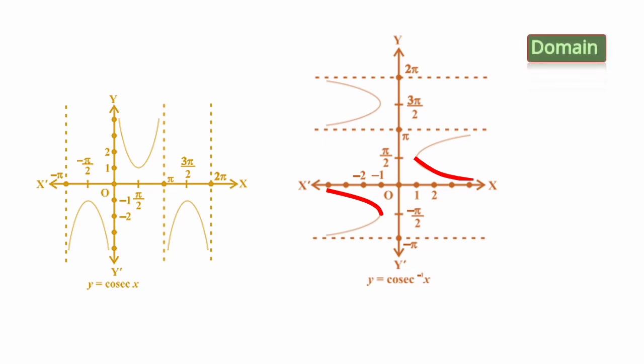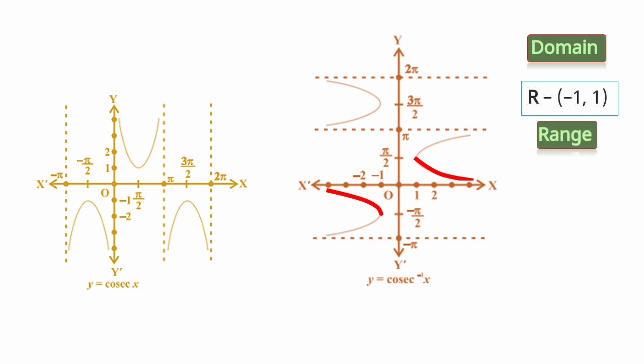So here the domain is R minus (-1, 1). When you consider x values, the entire real number system is there, but -1 is not included and +1 is also not included. So this portion has a gap here. That's why R minus (-1, 1), we have to exclude -1 to 1.